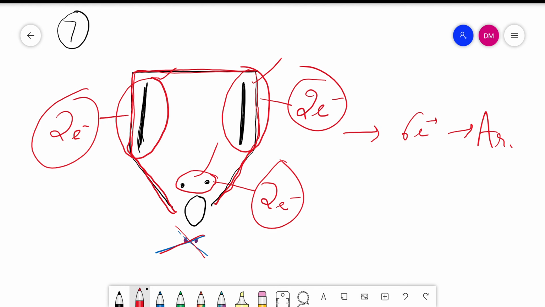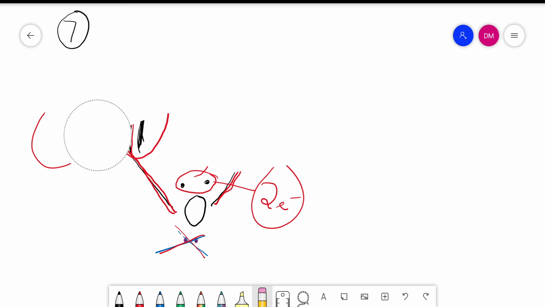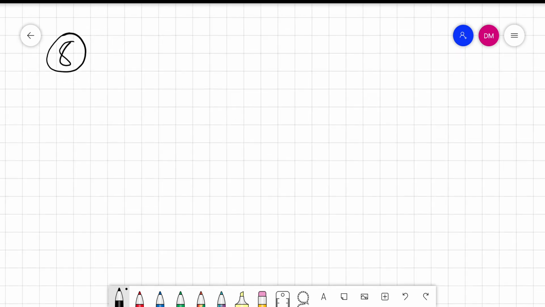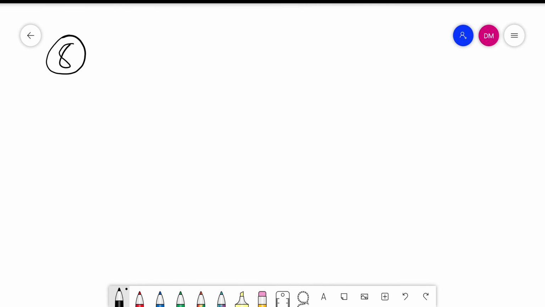Now in this question you have to guess whether it's aromatic, anti-aromatic or non-aromatic. This will be question number 8. The diagram is something like this.